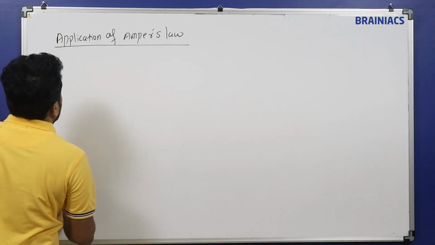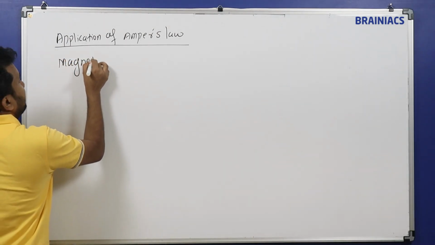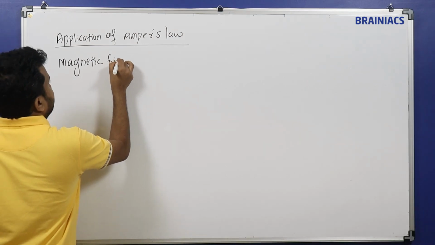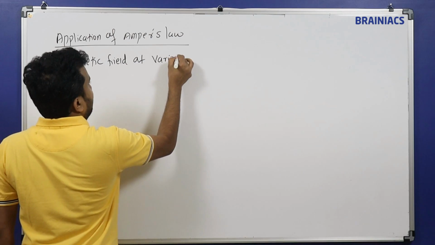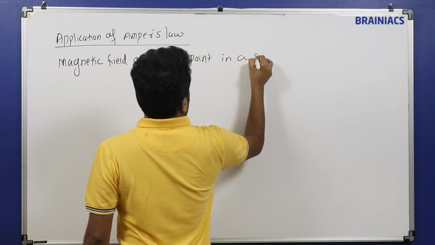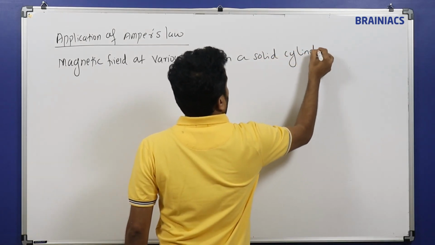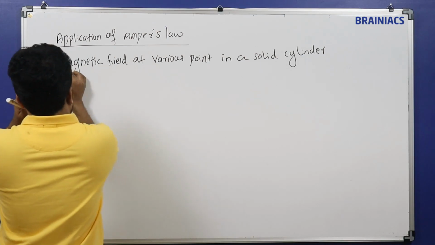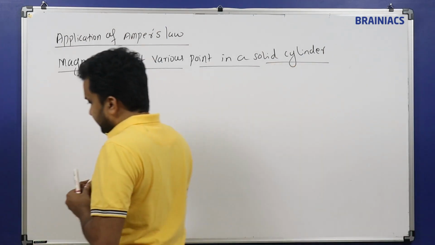So let's take one example. Let's start with the first one. You can write the heading: magnetic field at various points in a solid cylinder.